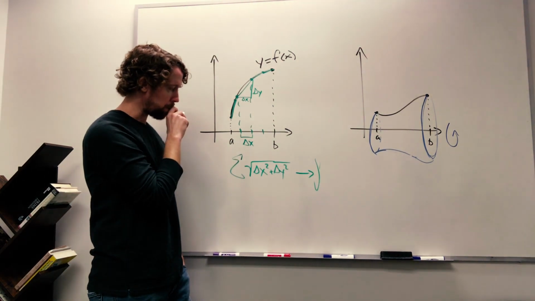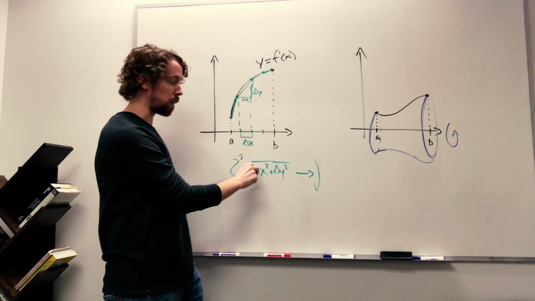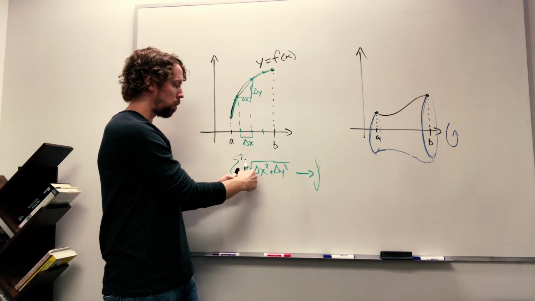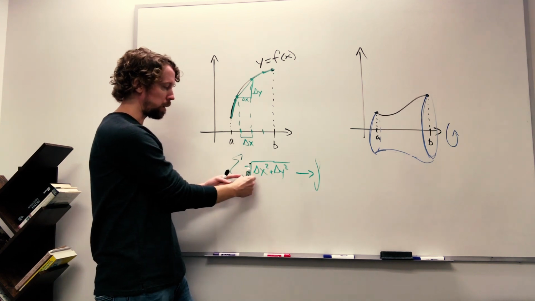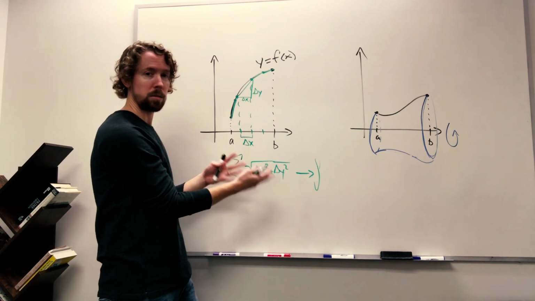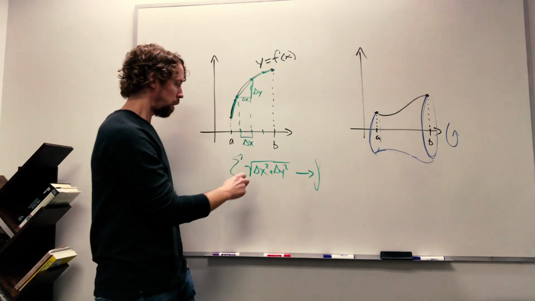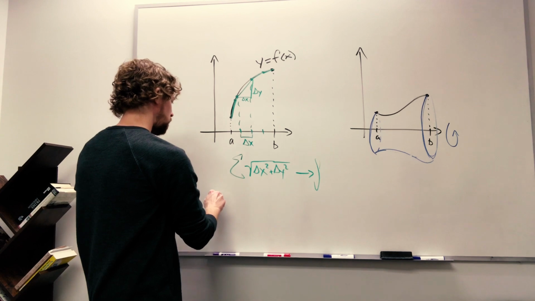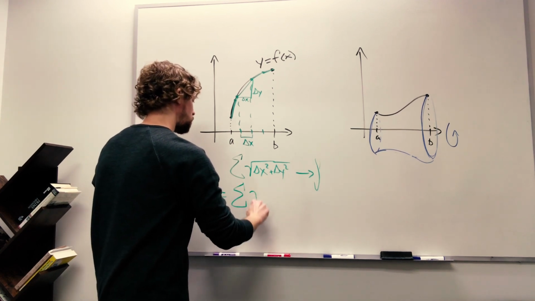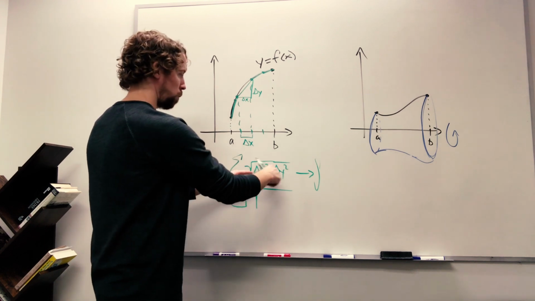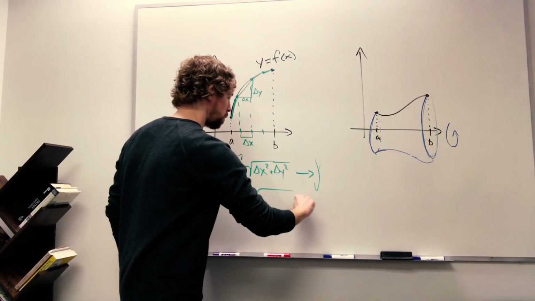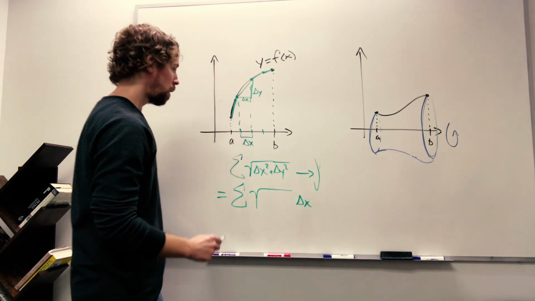So I'm going to factor out a delta x squared from each of these pieces, and then once I factor that out, the square root of delta x squared will just be delta x. I'm just going to assume it's positive. So this is the same thing as the sum of the square root of whatever's left over in here after factoring out the delta x squared, times delta x.